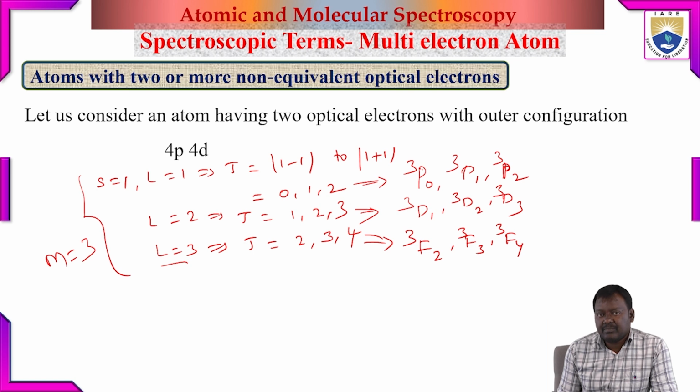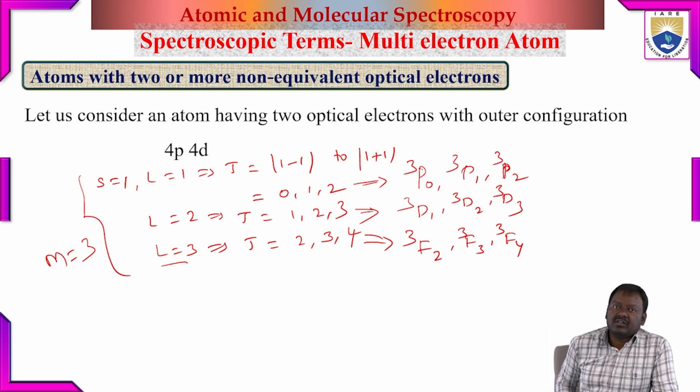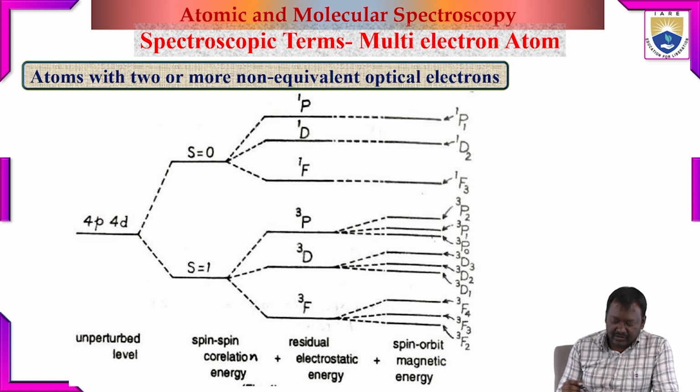Based on J value, it splits into 2J plus 1 spectral lines for the fine structure of the spectral lines. So based on the energy values, we can indicate all the spectral lines like this.